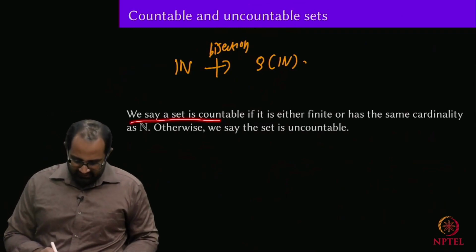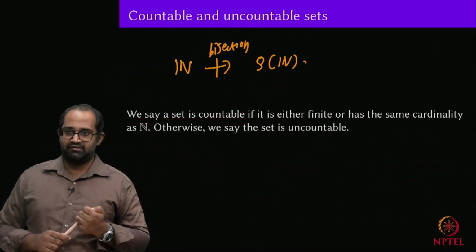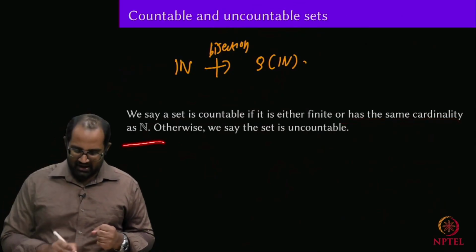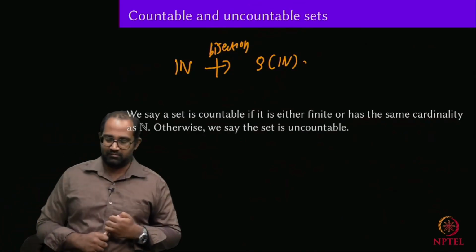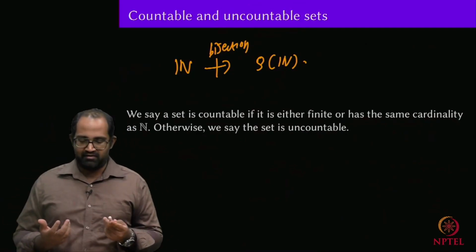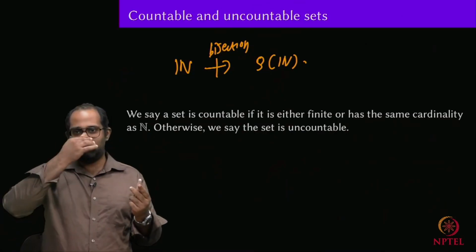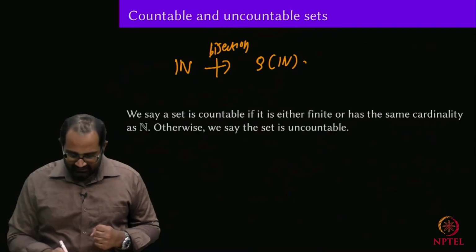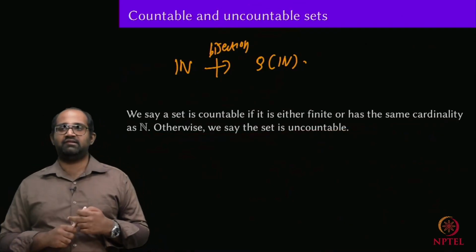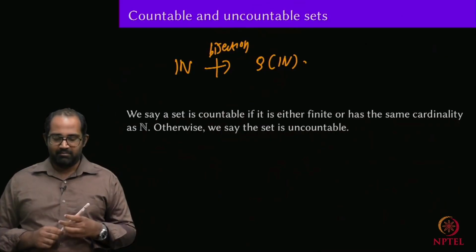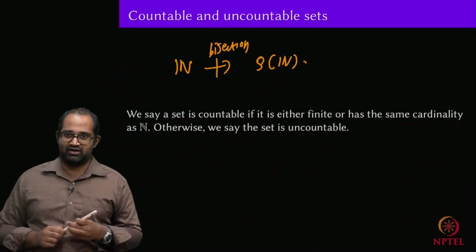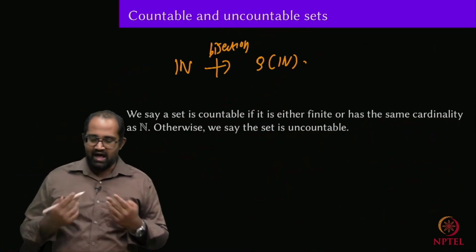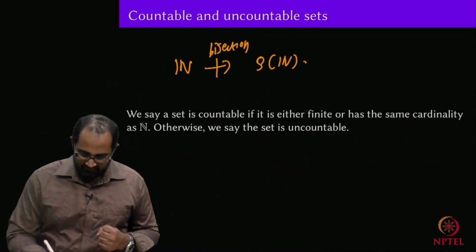We say a set is countable if it is either finite or has the same cardinality as the natural numbers. So, either the set should be finite or you should be able to find a bijection to the natural numbers. Then we say that the set is countable. Otherwise, we say the set S is uncountable. Uncountable means you cannot find a bijection to the natural numbers, nor is it a finite set. And there are examples of uncountable sets. Well, we have the power set of N.